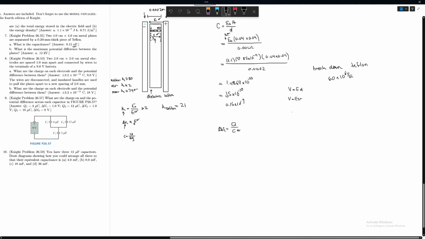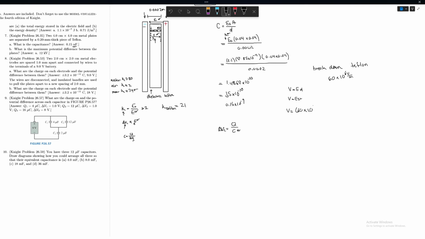If I sub it in here, V equals 60 times 10 to the 6 times the separation distance, 0.0002. Let's do that. I just messed up my calculator, I have to restart it. Okay, so 60 times 10 to the 6 times 0.0002. I got 12,000. And what's the answer here? 12K. Nice, that's done.